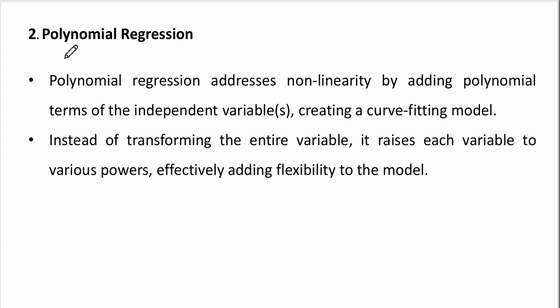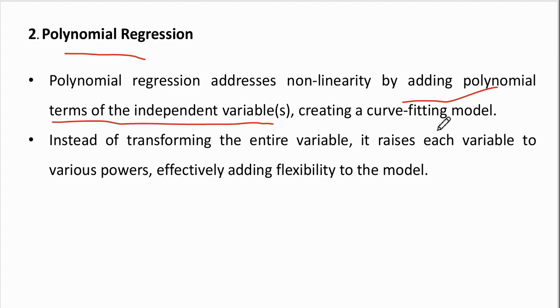So in polynomial regression, we do not need to convert nonlinear data into linear data. We apply the regression model directly to the data. How do we apply this regression model to nonlinear data? By simply adding polynomial terms to the independent variable.